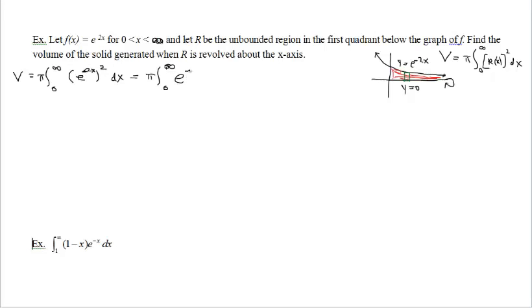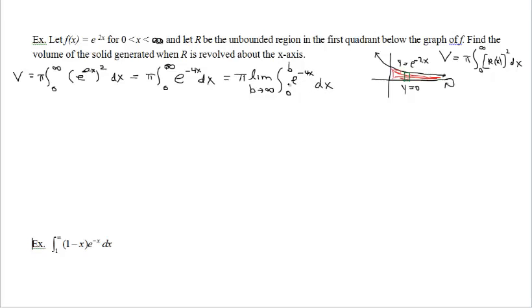So e to the negative 4x when we multiply the exponents, dx. So let's rewrite it as a proper integral, and I'm going to leave the pi out in front of the limit statement. The limit as b goes to infinity of the integral from 0 to b of e to the negative 4x.